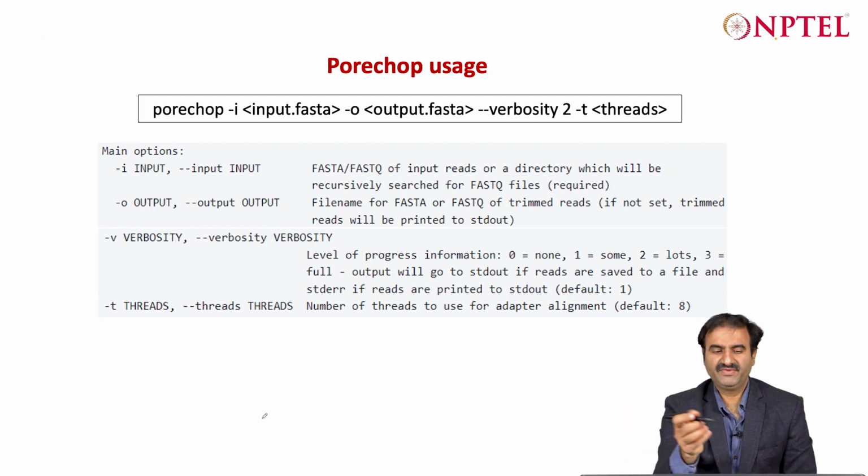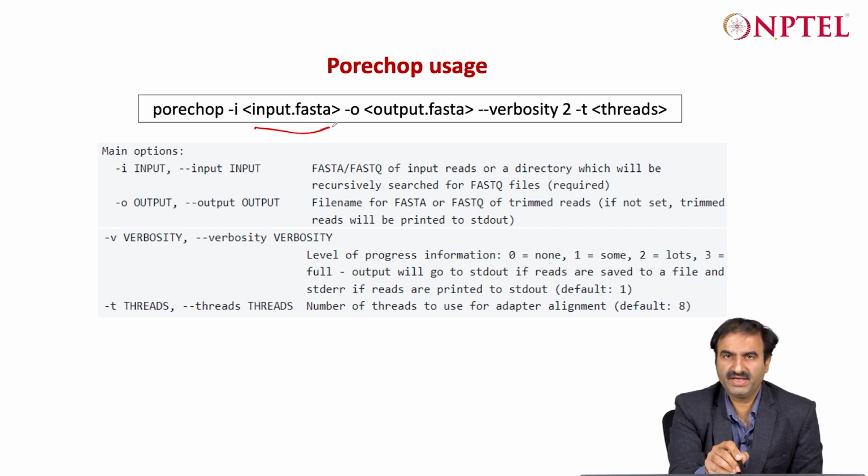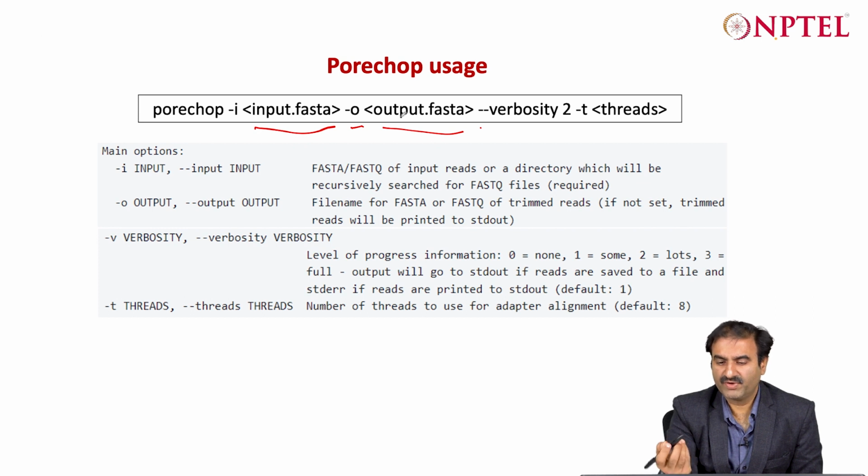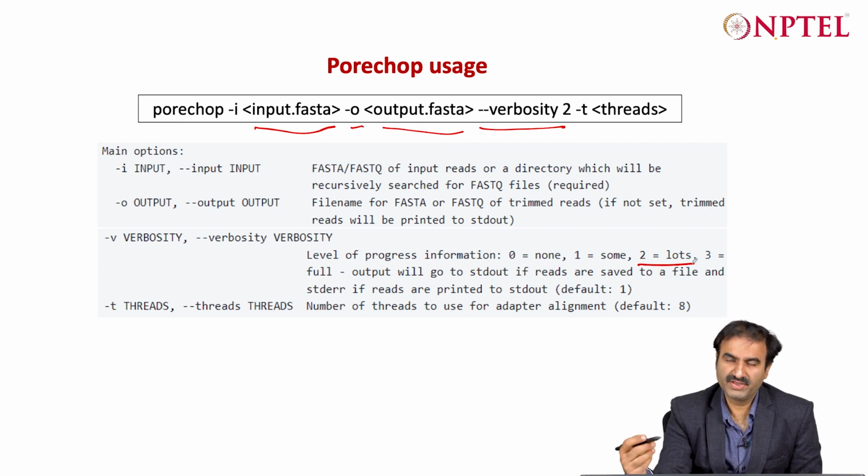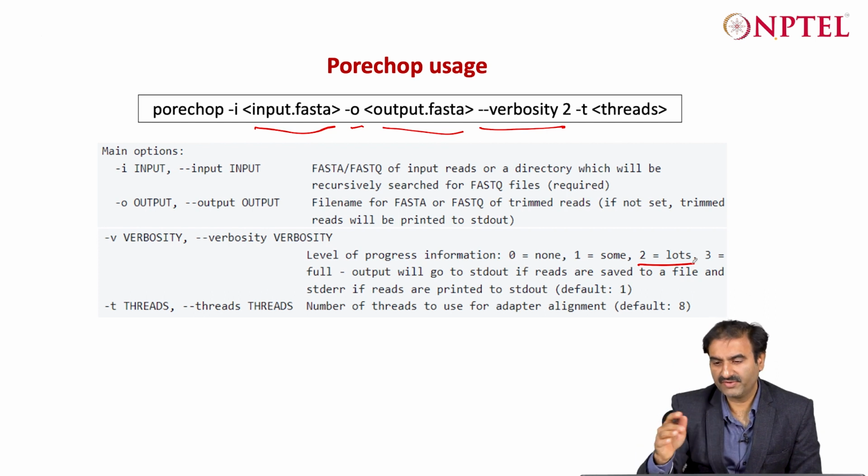So the command line is easy. Basically Porechop -i input file name, and then -o output file name, wherever you want to store it; you can give a path or the output file name. And verbosity 2 means you want to have the full summary of what is going on during the process. It will print on your screen.